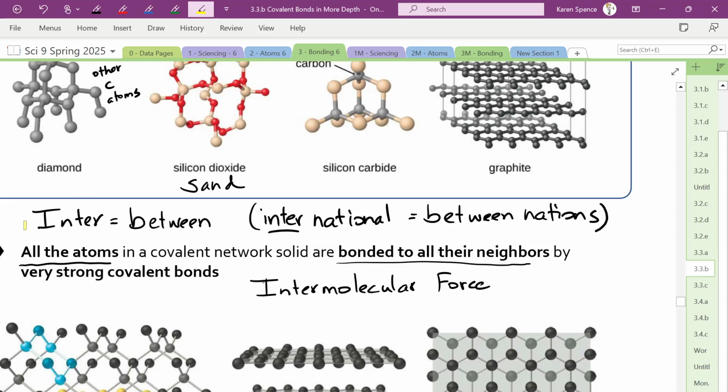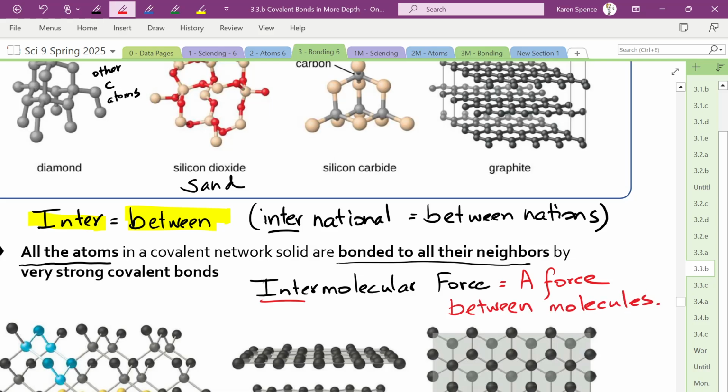So knowing that inter means between, we could define an intermolecular force as being a force... Anyone want to take a guess at how to end that sentence? What does inter mean? Between. So it is a force between what? Molecules.